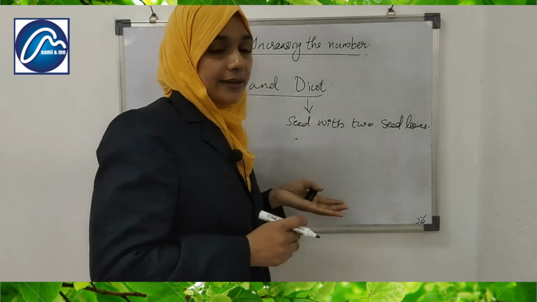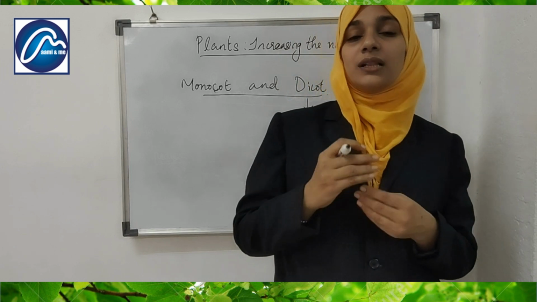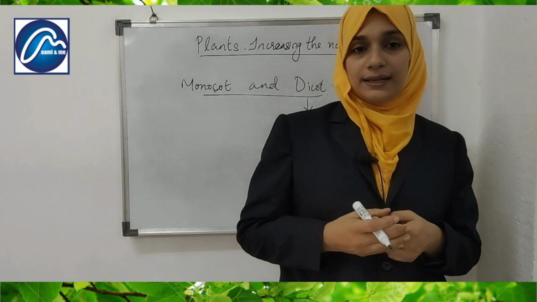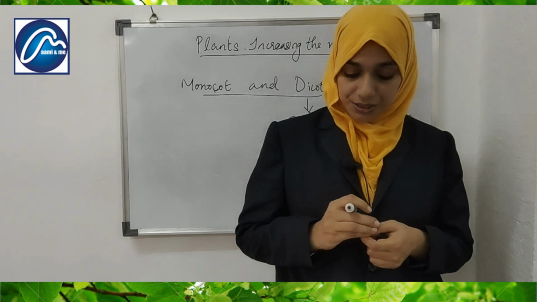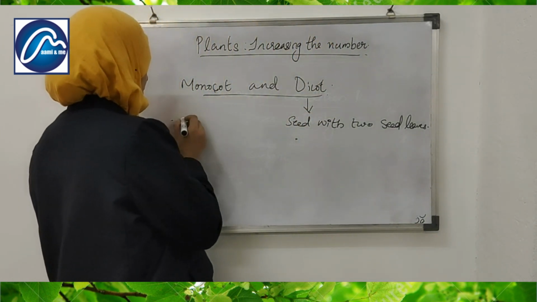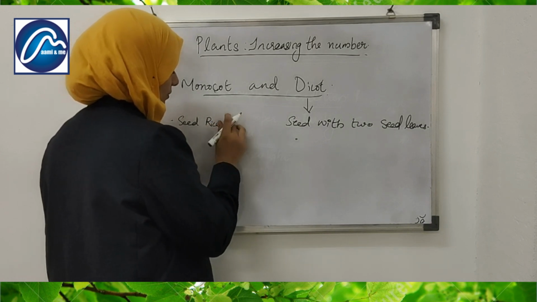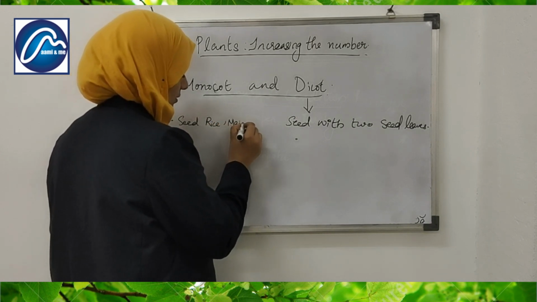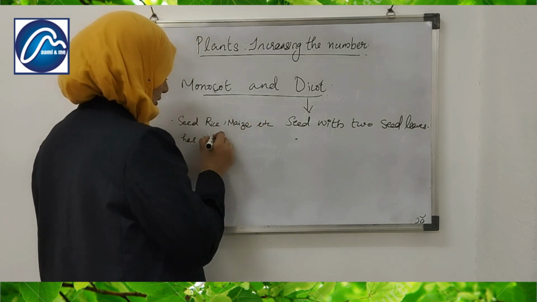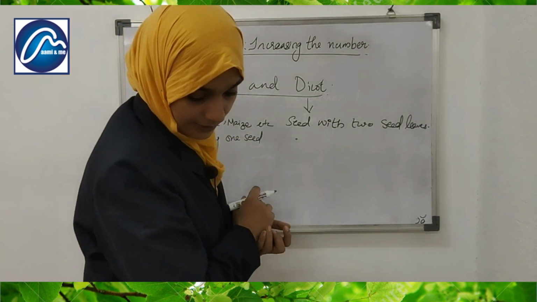Inside these seed leaves, there is a tiny shoot and root that will grow to a new plant under favorable condition. Okay, so some seeds like rice, maize, etc. have only one seed leaf.